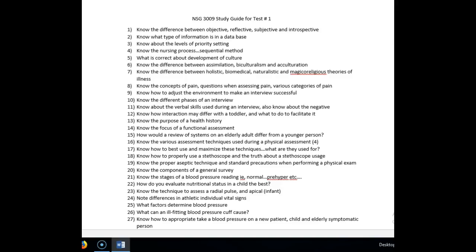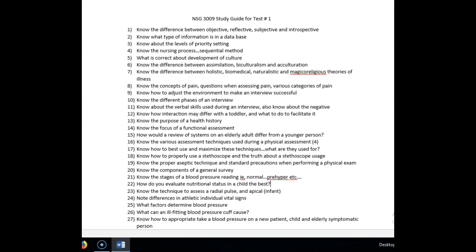What are the components of a general survey? Basically, look on your reference page at 127. When you take a general survey, it's a study of the whole person. That includes observing the patient's physical appearance, their body structure, how they're built, their mobility, and also their behavior. You can reference page 127.